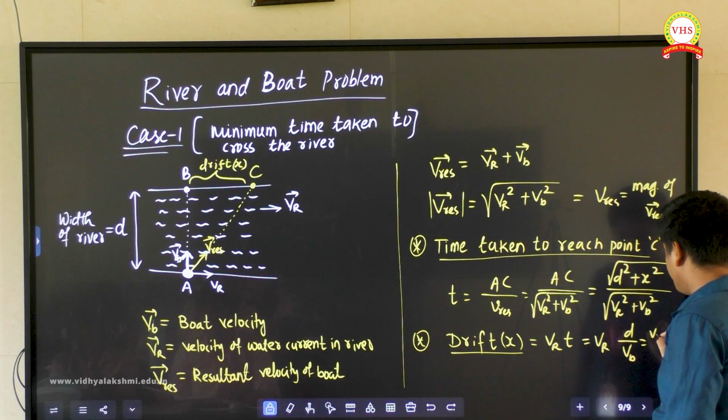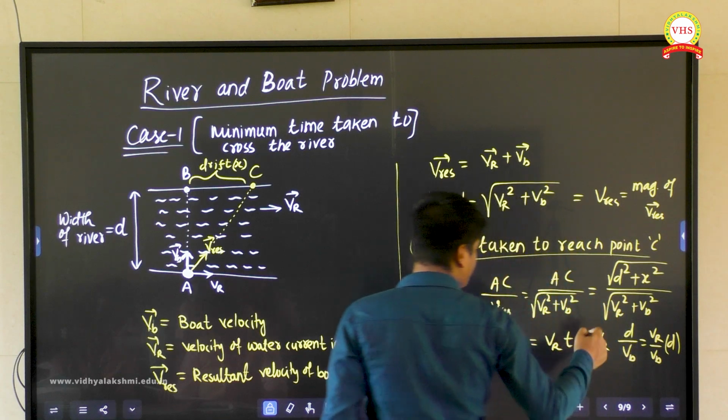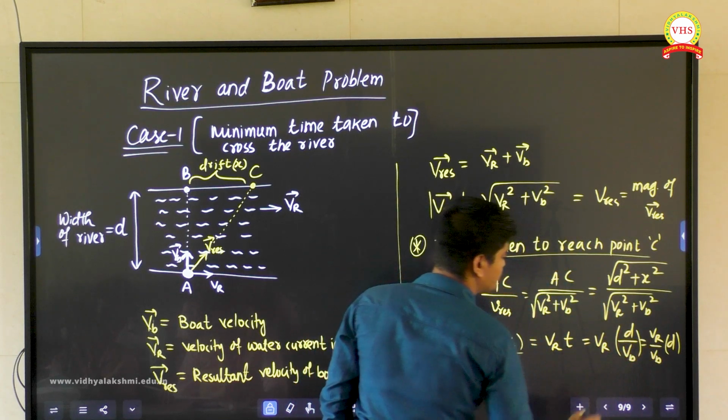So you can also write it as X equals V_R by V_B into D. This is the drift formula, remember the drift formula.